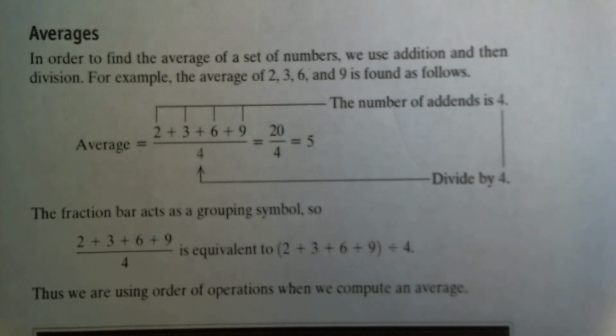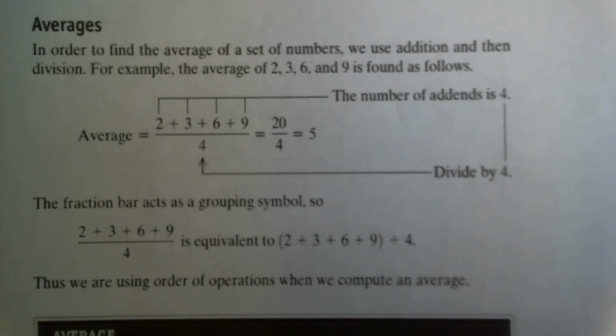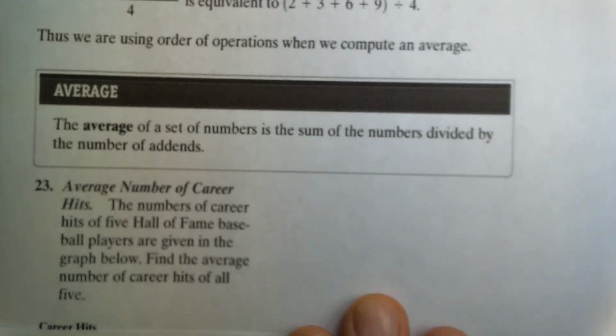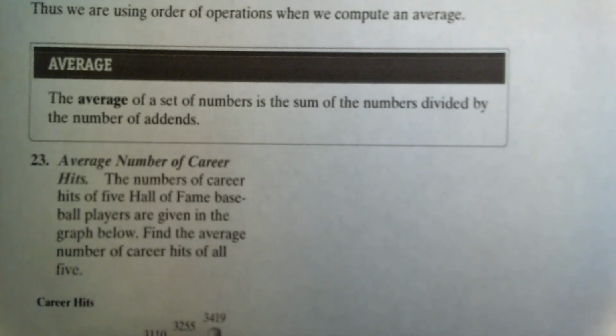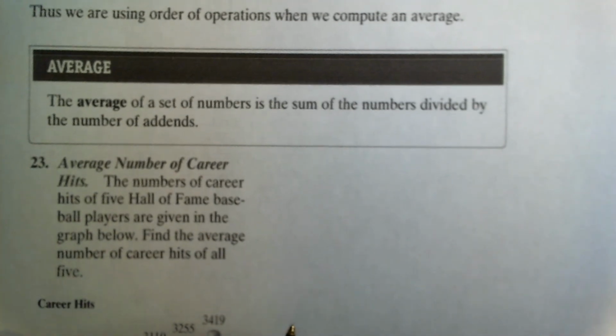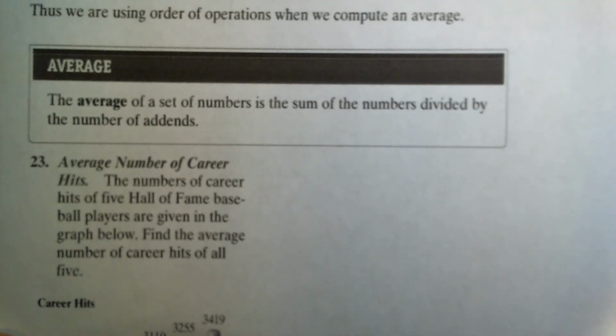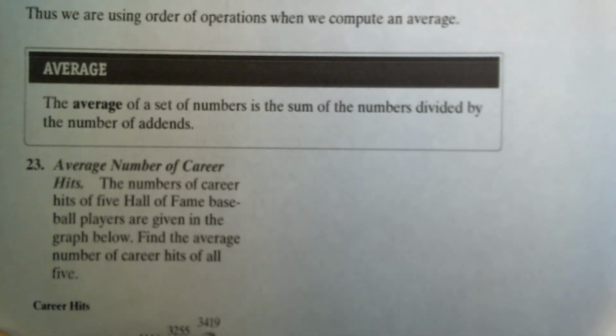So, for example, if we look at the average number of career hits, that's the example here. Here we have the career hits for 5 Hall of Fame baseball players. So in other words, we add up all the hits.